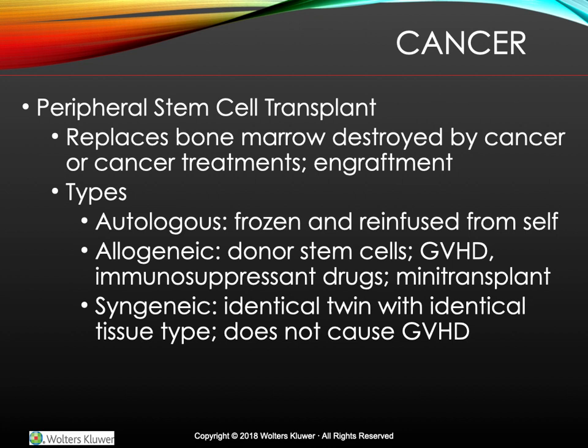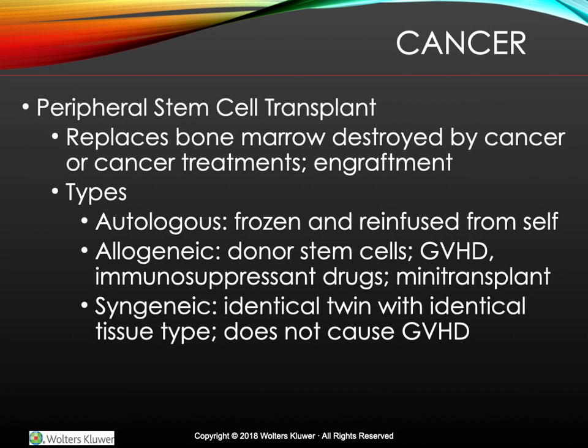So there have been great strides in the treatment of cancer, and one of them being stem cell transplant. So, with stem cell transplant, you have a replacement of bone marrow. This bone marrow has been destroyed by cancer or cancer treatment itself, and it is being replaced by healthy bone marrow obtained by a donor.